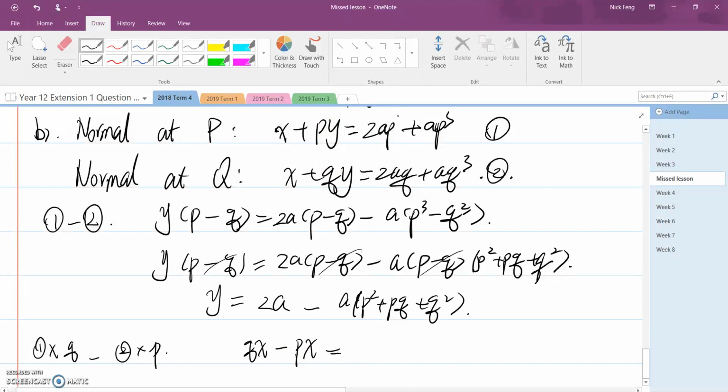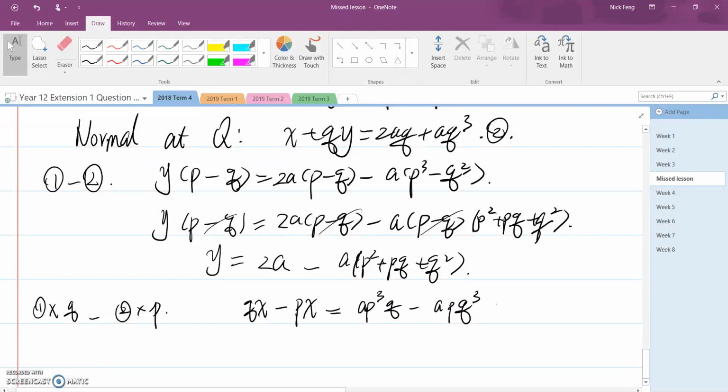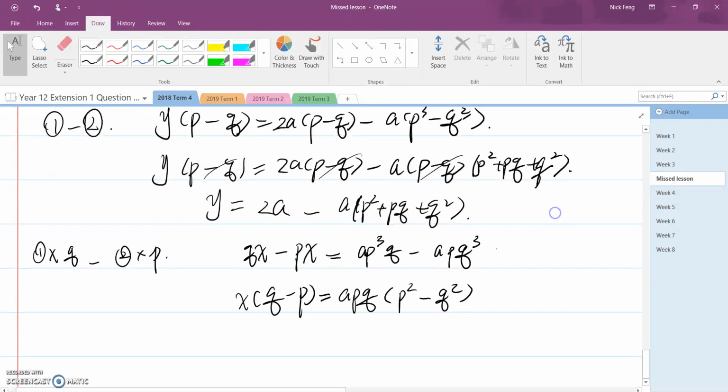Equals 2apq minus 2apq, which is ap cubed q minus apq cubed. Please don't ask me how to get that, you'll find it out yourself. (q minus p)x equals apq, take out ap cubed, and then we get p squared minus q squared, a difference of two squares. Therefore, x equals negative apq(p plus q).